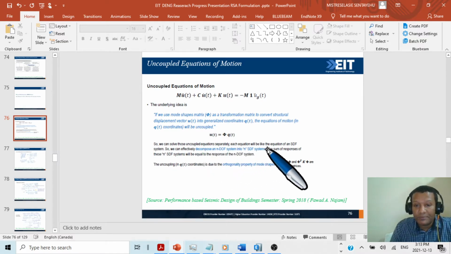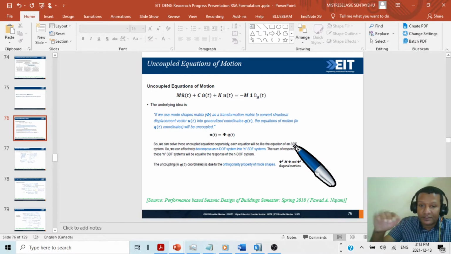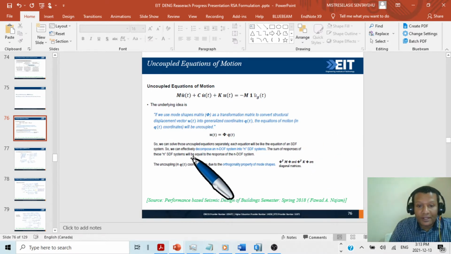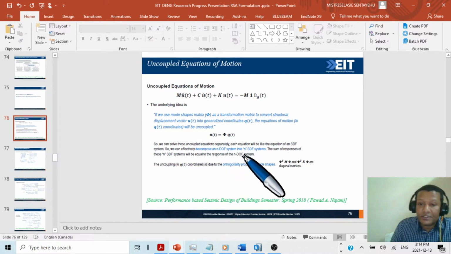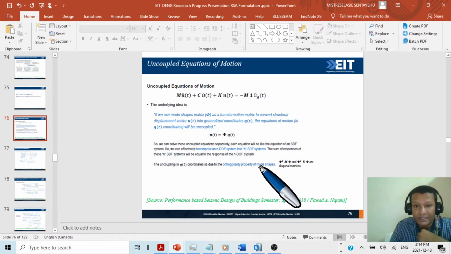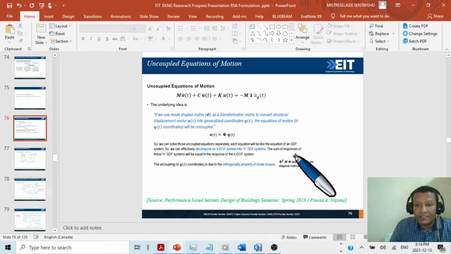Each equation will be like the equation of a single degree of freedom system. So we can effectively decompose an n degree of freedom system into n single degree of freedom systems. The sum of the responses of these n single degree of freedom systems will be equal to the response of the n degree of freedom system.